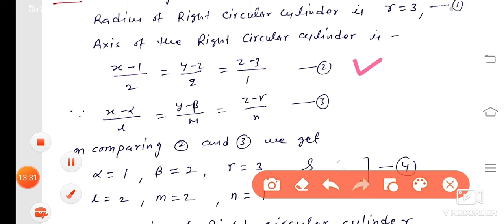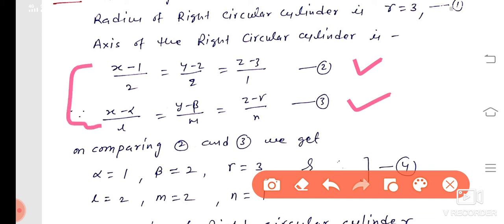So the axis of the line is (x minus 1) upon 2 equals (y minus 2) upon 2 equals (z minus 3) upon 1. Also write the standard form of the line of axis that was written in the main article: (x minus alpha) upon L equals (y minus beta) upon M equals (z minus gamma) upon N. Now if we compare the second and third, we get alpha equals 1, beta equals 2 and gamma equals 3.